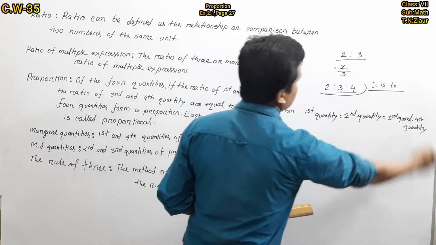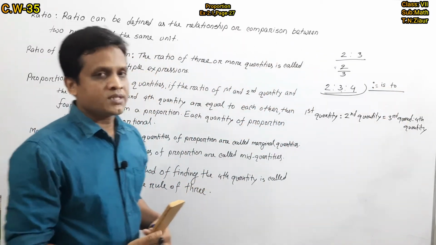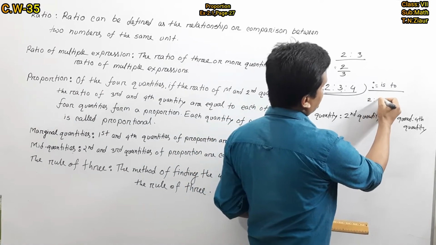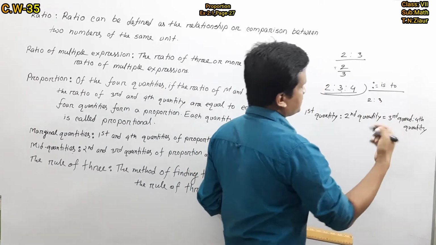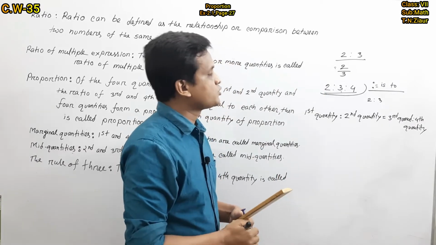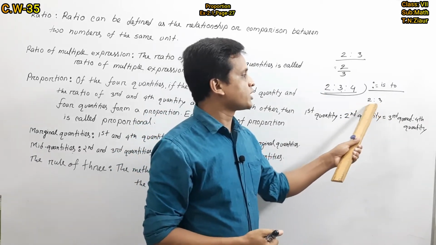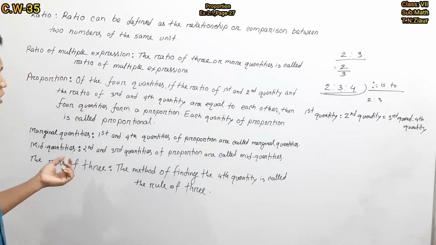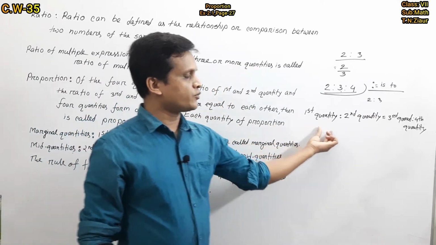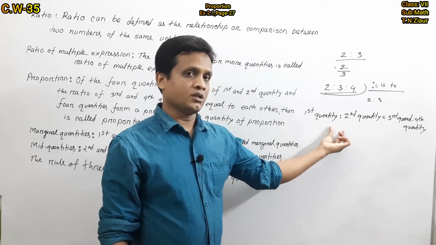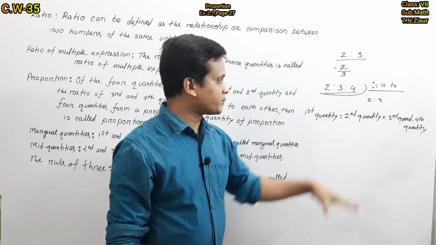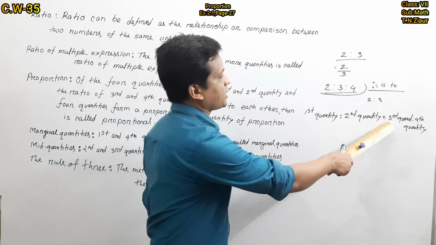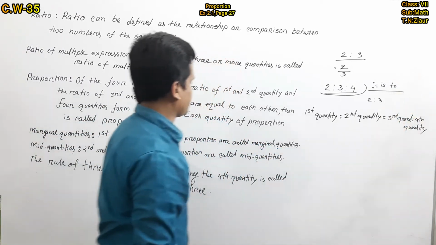This is very important for solving any proportional problems. So first quantity is to second quantity equals third quantity is to fourth quantity.